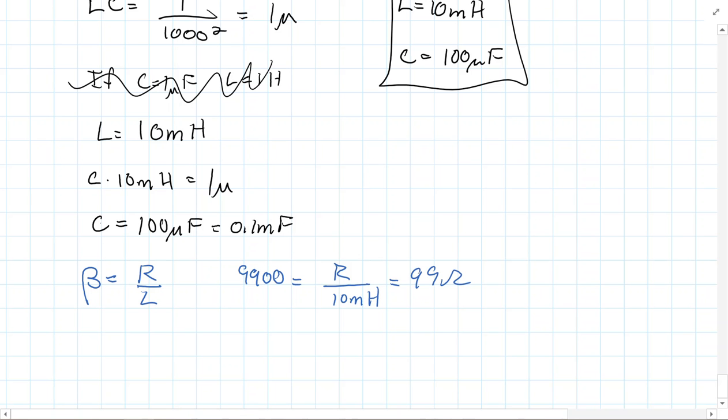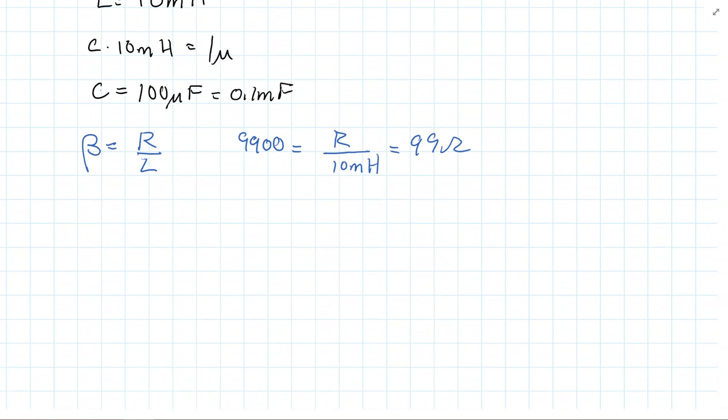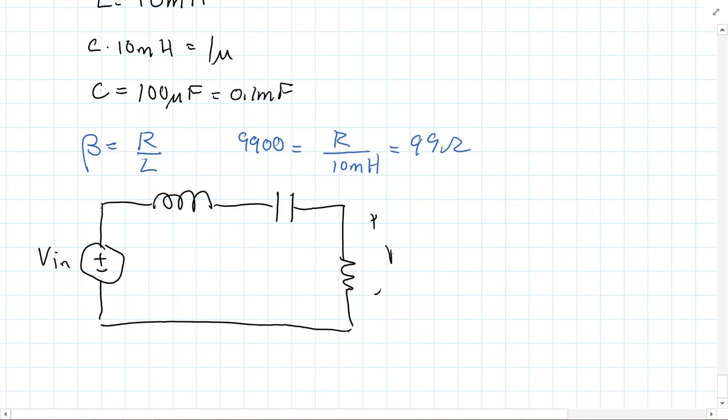Which isn't horribly unrealistic, so actually this design isn't too bad. But we're done now. And so I'm drawing my circuit. V in, V out. This would be a 99 ohm resistor. This would be 100 microfarads. And this would be 10 millihenries.